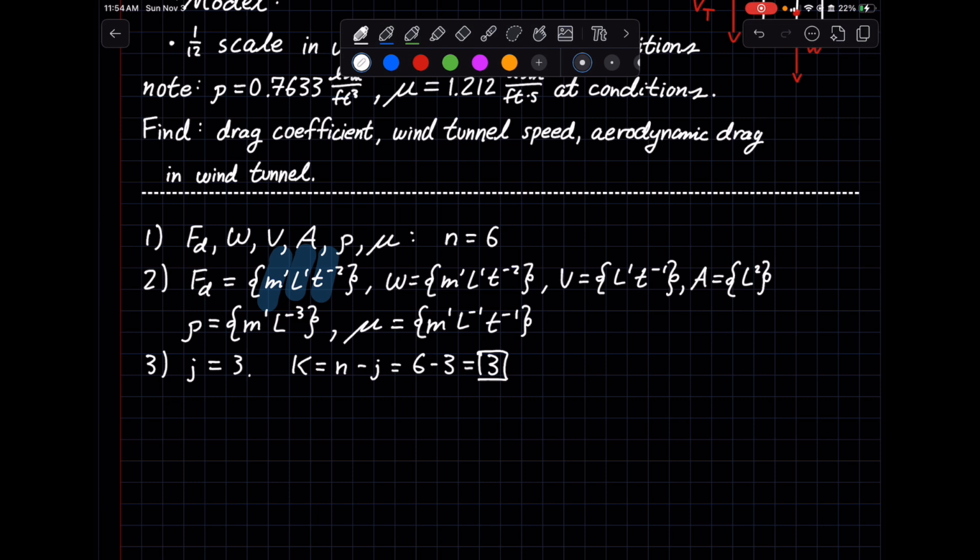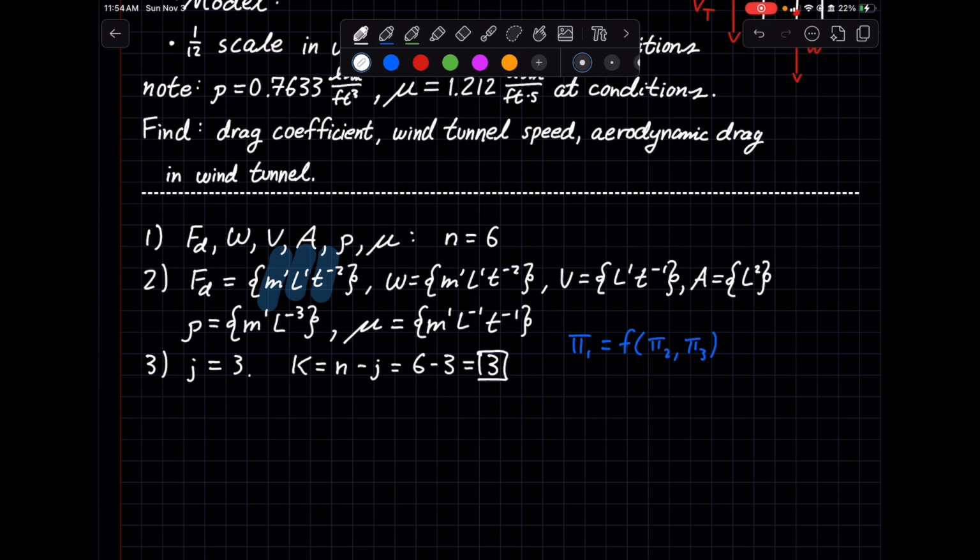So from that very beginning part, we're going to have an expression that looks like this. Pi 1 is going to be a function of pi 2 and pi 3. So if k is less than 1, so if k is 0 or somehow k is negative, verify that you include enough parameters in your step 1. k can be equal to 1, it can just be pi 1.